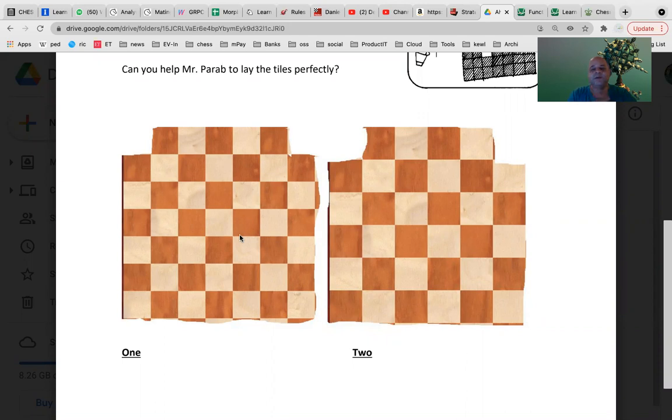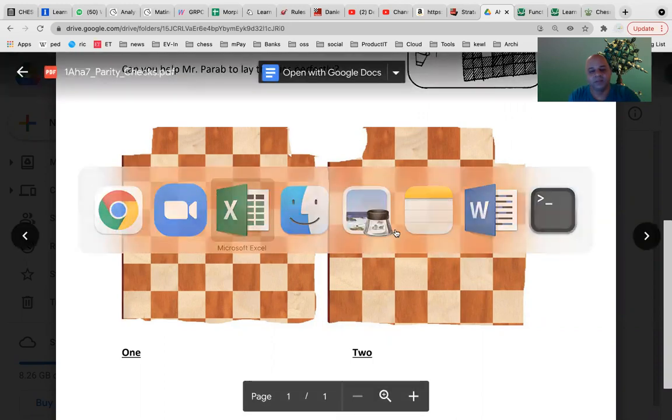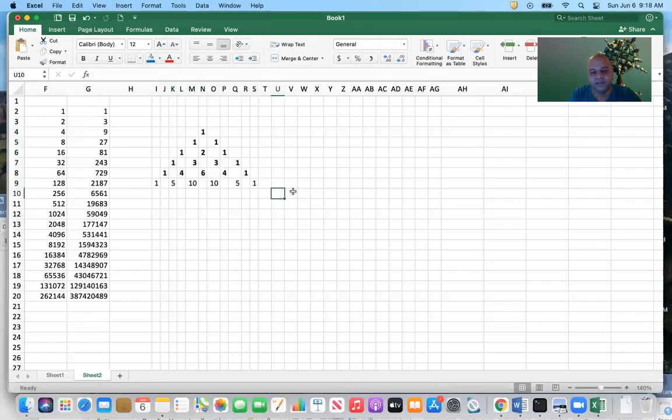First, what is the size of the tile? Assume this is 1 square. But the tile is actually of size 2 squares, 2 feet by 1 feet, which means it can cover 2 squares at a time, but they have to be adjacent to each other.